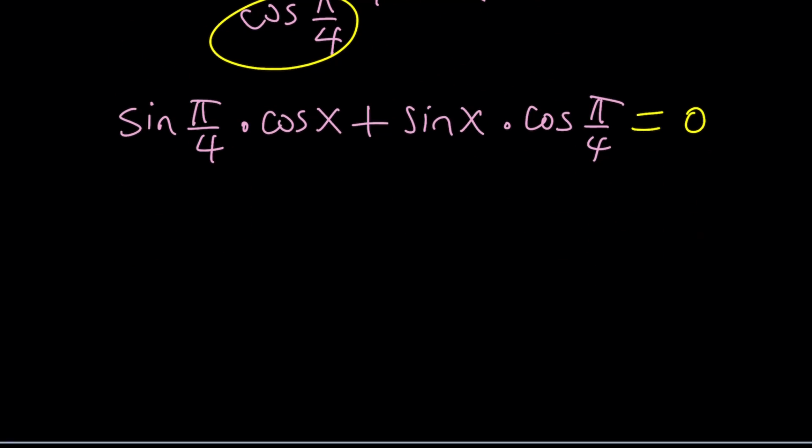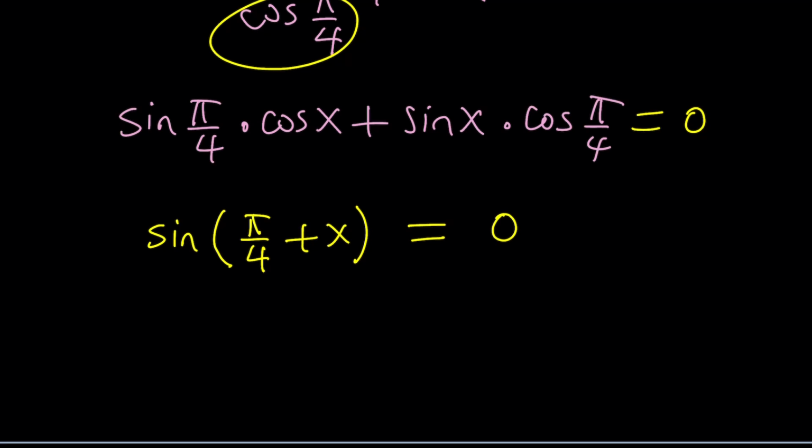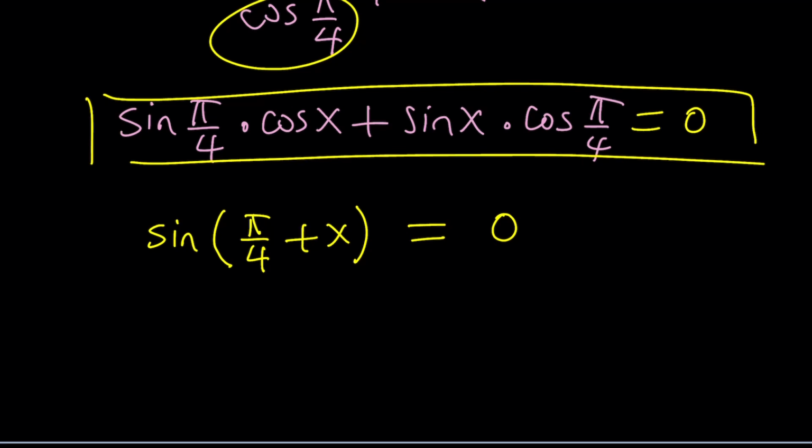Awesome. Now look at the left-hand side very carefully. Doesn't that look like sine alpha cosine beta plus sine beta cosine alpha? That should remind you of sine of alpha plus beta, which is a sum. By the way, we can write this as sine of pi over 4 plus x. That's the formula. And set it equal to 0. So this is what I meant. This sum can actually be turned into the sine of a single thing.